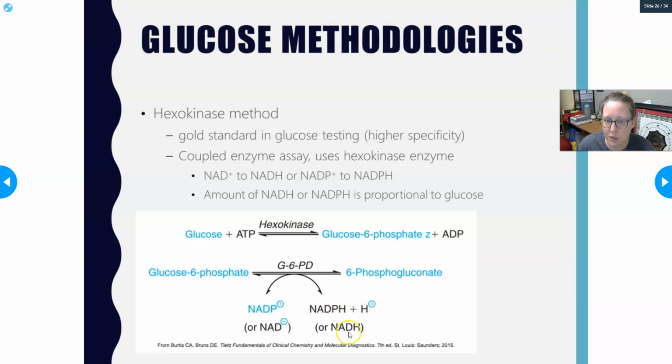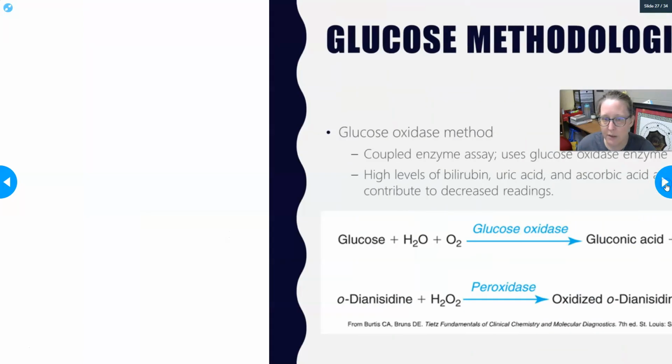But this is what's being measured right here. So for every molecule of glucose, you have one of these being produced. This causes a color change, which can be measured spectrophotometrically. So there you go. That's the hexokinase method.